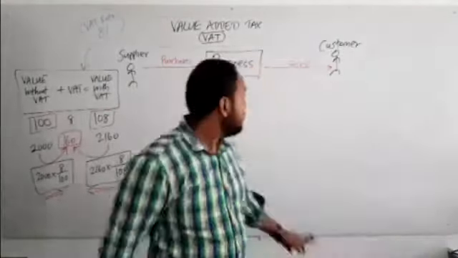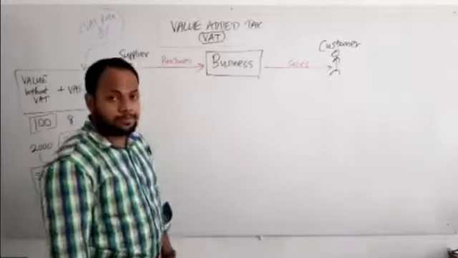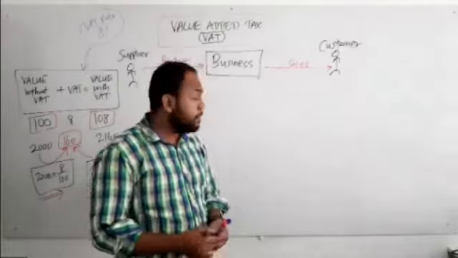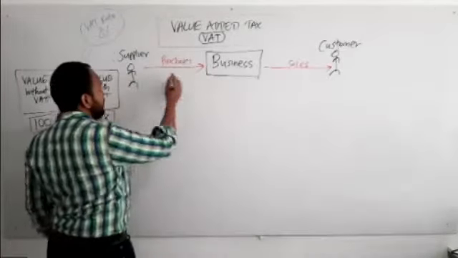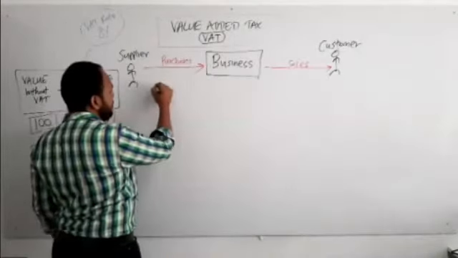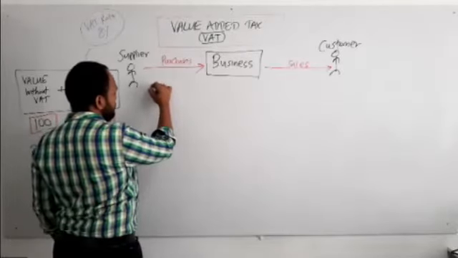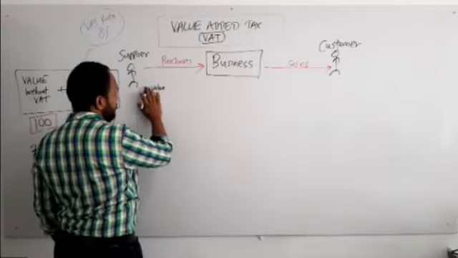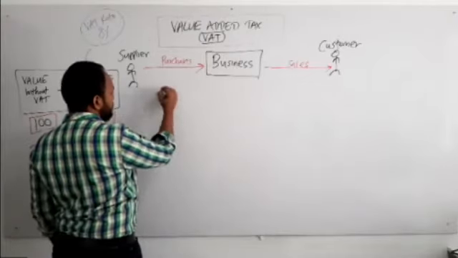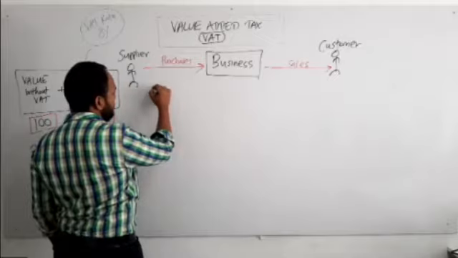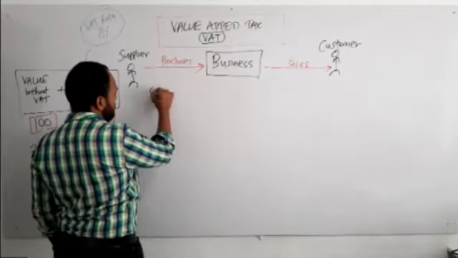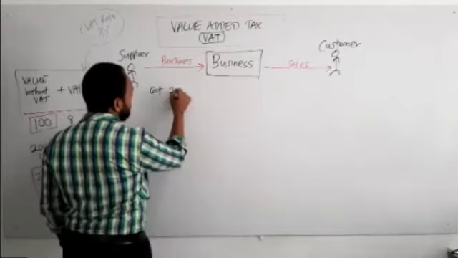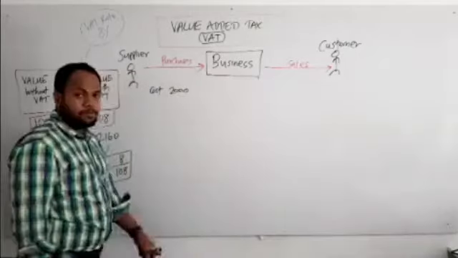Now moving back to the transaction, we purchase from the supplier. Let's say the cost without VAT is 2000.